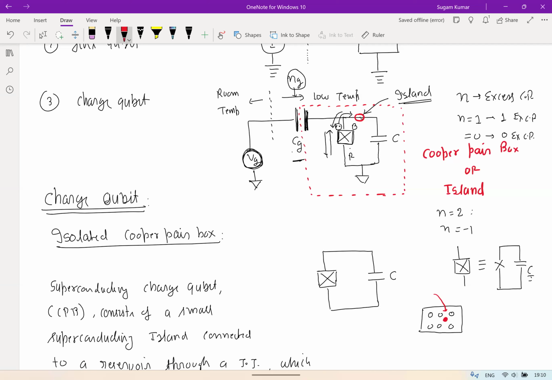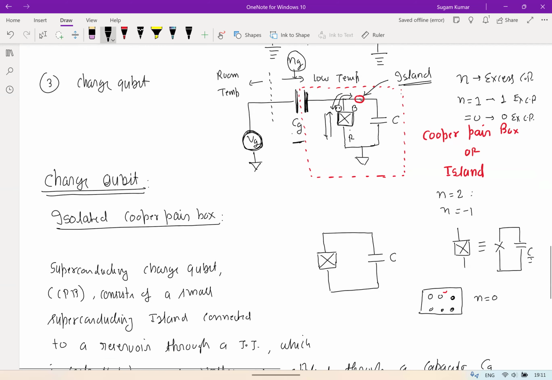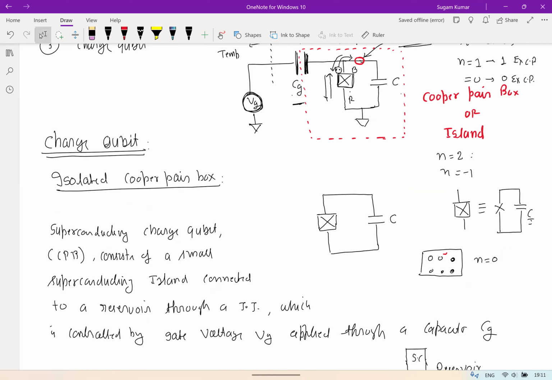If I inject 2, then there are 2 excess Cooper pairs. If the condition is like this, then no excess Cooper pair. And if one is missing, then I will say N equals -1.